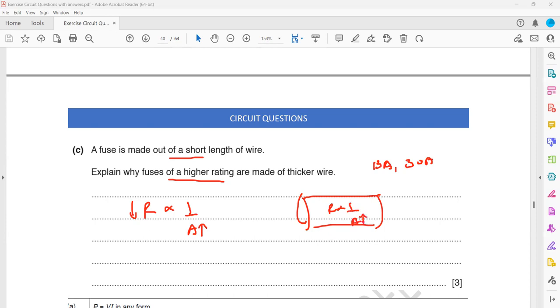The thick wire will have low resistance, so it will allow a greater amount of current to pass. As it allows a greater amount of current to pass through, it needs a greater heating effect to melt the wire. Is it clear, this last part?